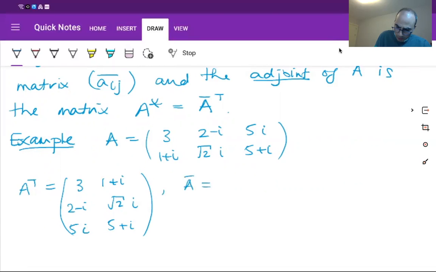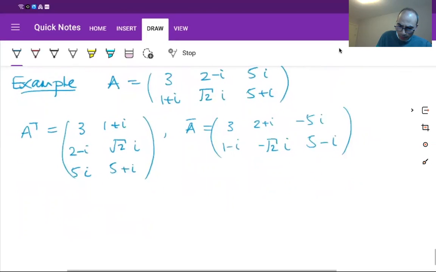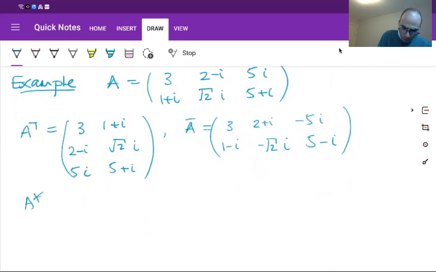The conjugate is you take the conjugate of each entry. So real entries, you do nothing, and for complex ones, you negate the coefficient of I. So you have 2 plus I, minus 5I, 1 minus I, minus 2I, and 5 minus I. And for the adjoint, you apply both these operations.